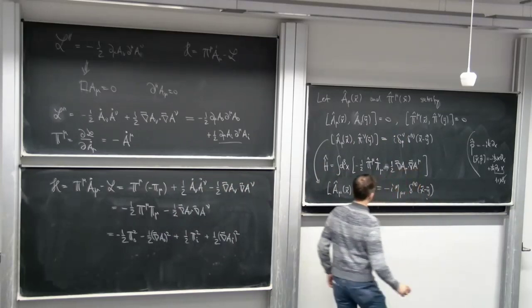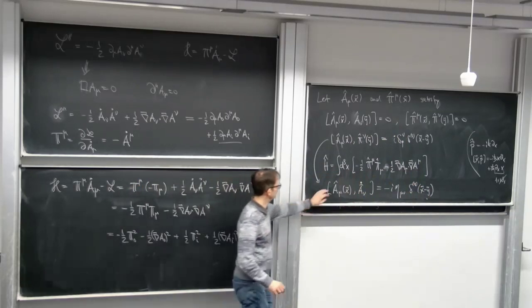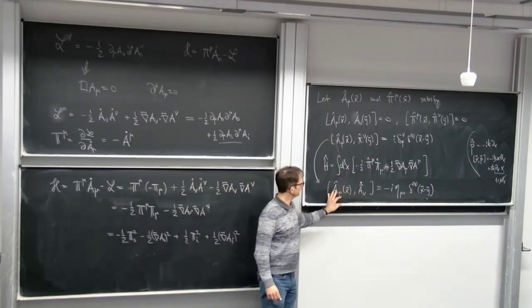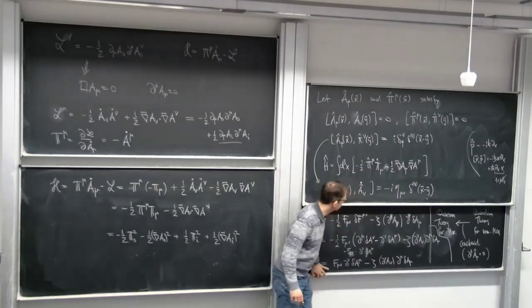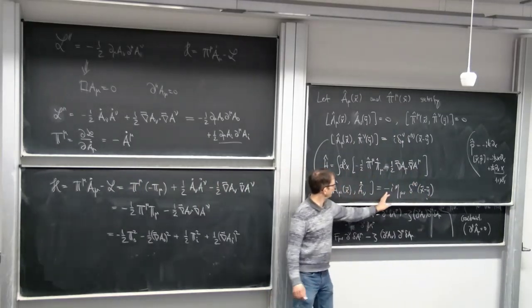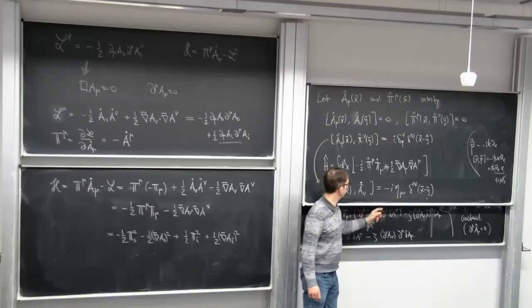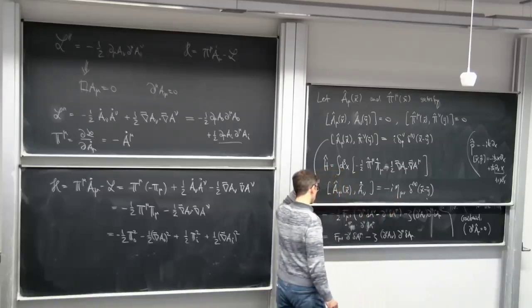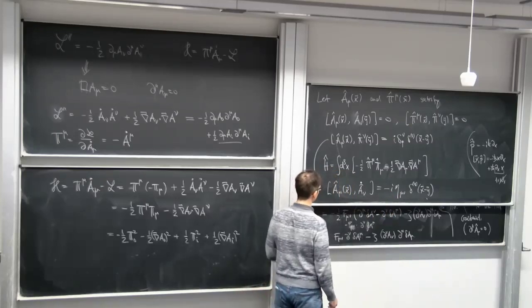And so my scalar fields, these 4 scalar fields, satisfy what normal scalar fields would satisfy, but one of them with the opposite sign, namely the 0 component.